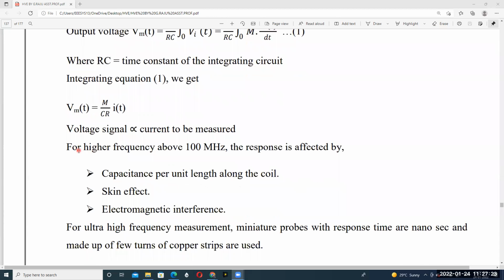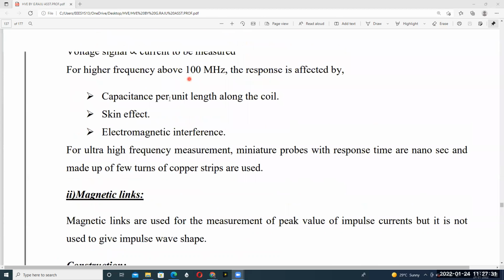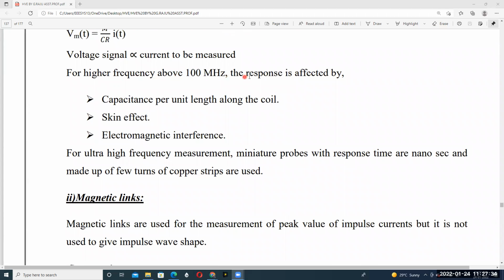For higher frequencies above 100 megahertz, the response is affected by the capacitance per unit length along the coil, and also by skin effect and electromagnetic interference.